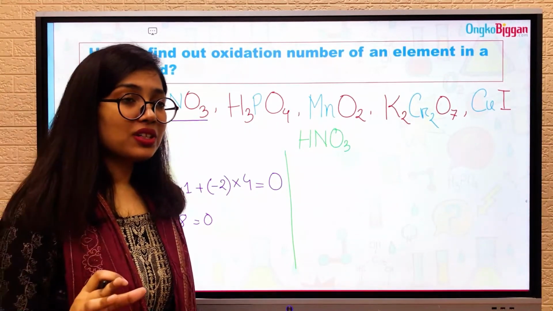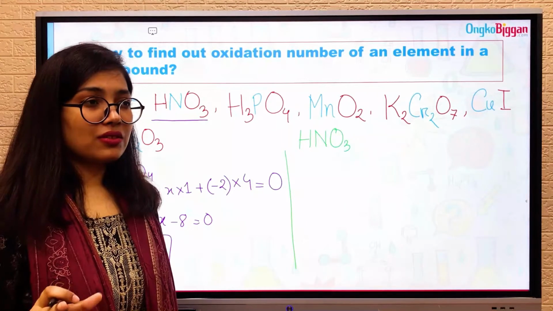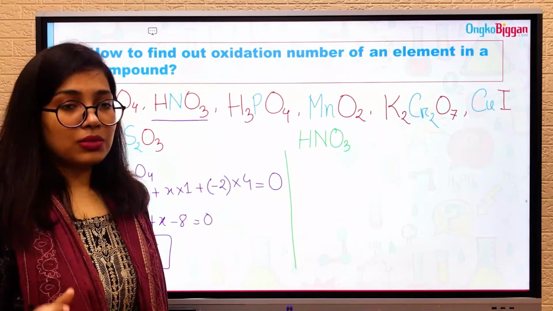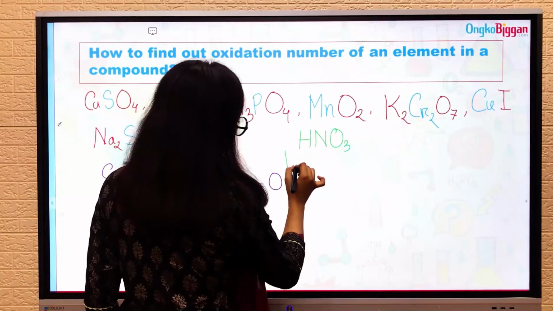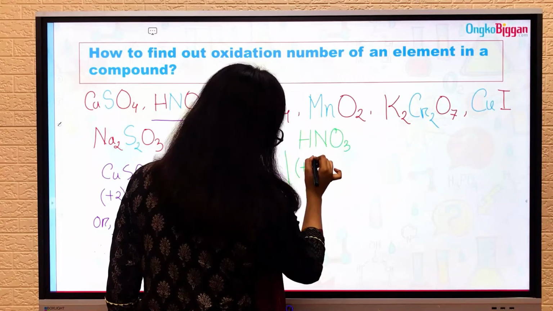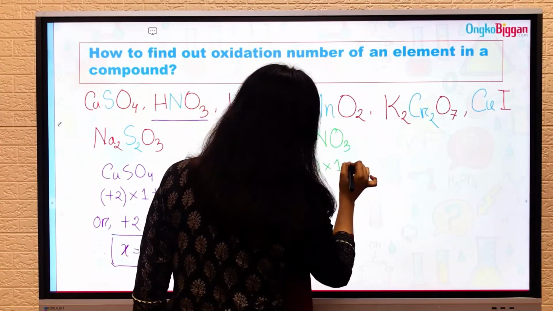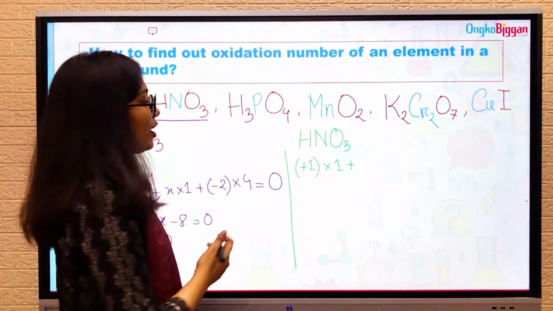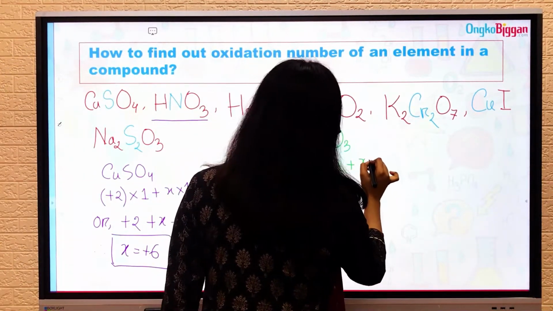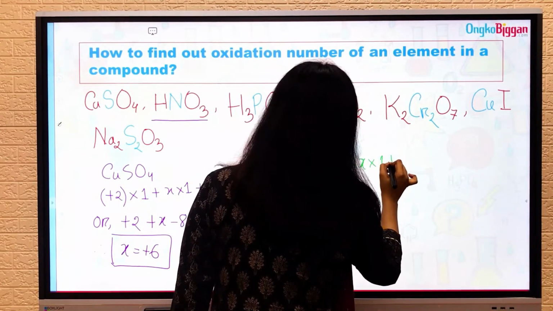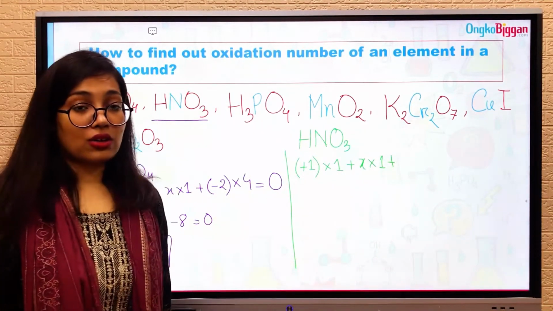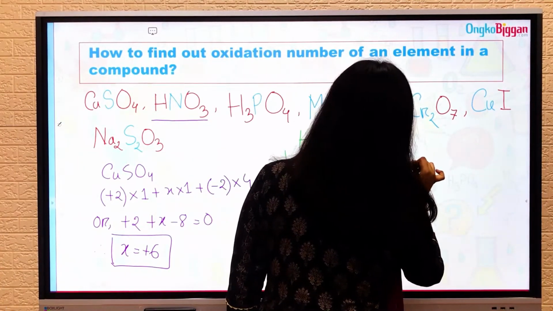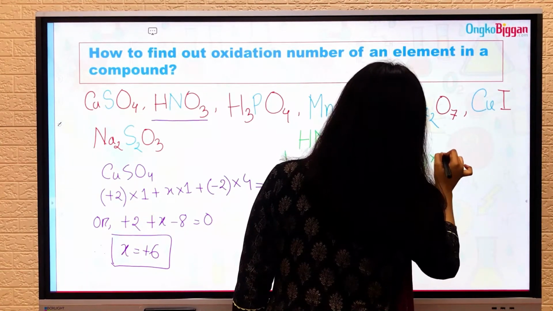Sometimes it is -1, but that is not very common; it doesn't occur generally. Generally it's +1. So let's give it +1 multiplied by 1, plus, let's assume the oxidation number of nitrogen is X, multiplied by 1, plus for oxygen the oxidation number is -2 multiplied by 3.